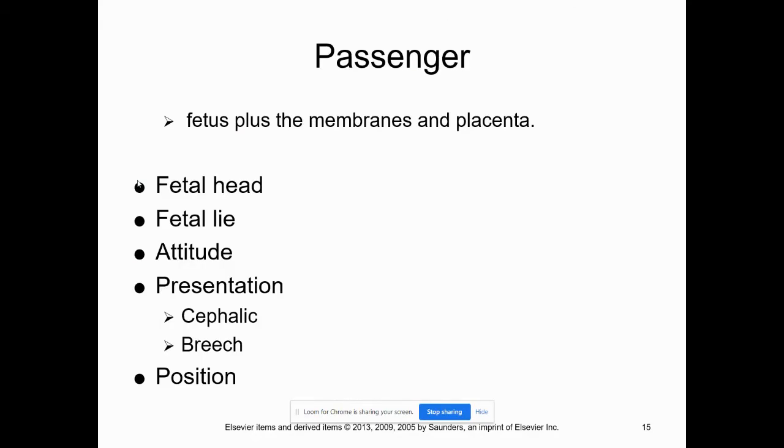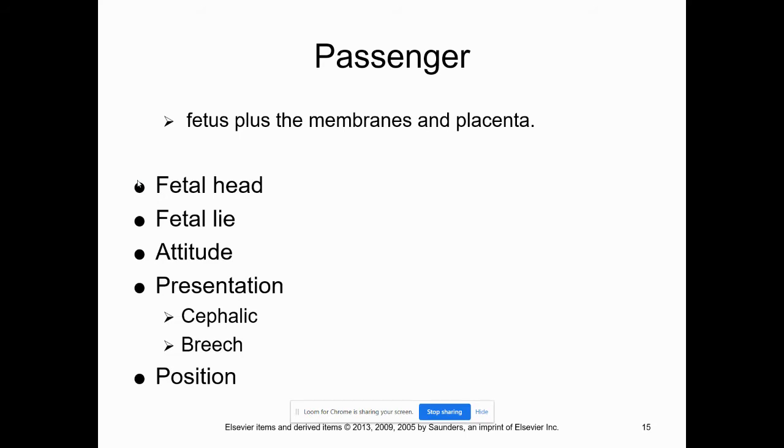The passenger is the fetus, but also the membranes and the placenta. And of course, it is a significant factor in the process. The fetal head in particular is the largest part, and so its diameters are very important. We've got to make sure that its diameters are smaller than mom's pelvic outlet diameters.